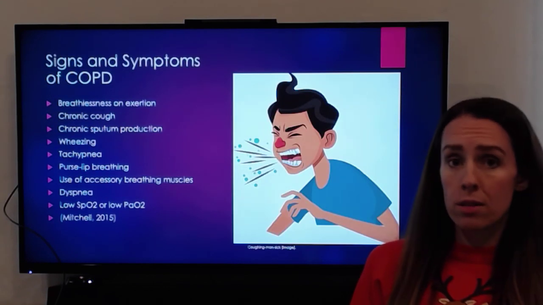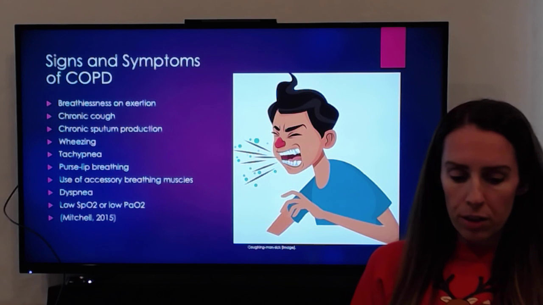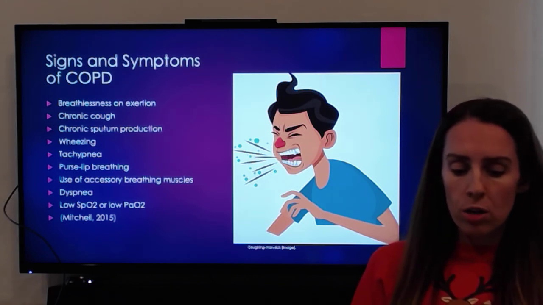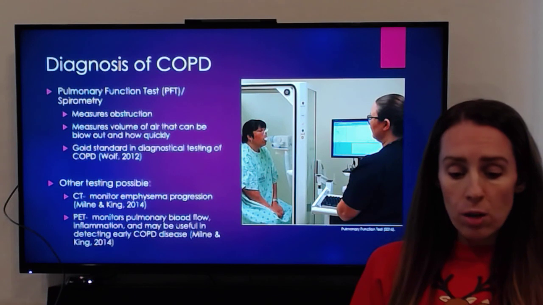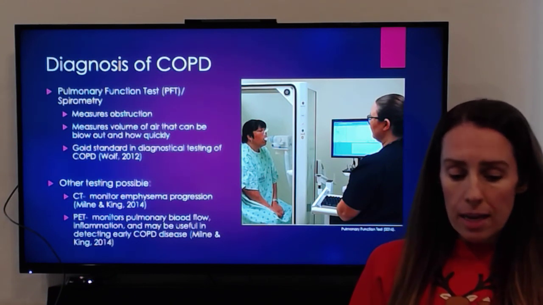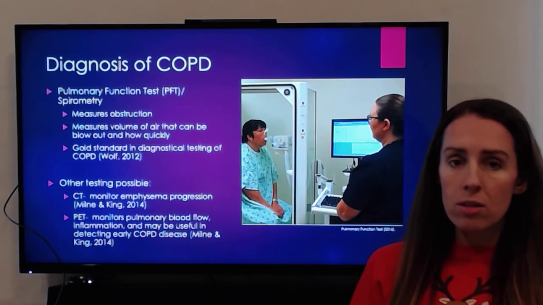There's quite a few signs and symptoms of COPD. You have breathlessness on exertion, chronic cough, chronic sputum production, wheezing, tachypnea, pursed lip breathing, use of accessory breathing muscles, dyspnea, and low SpO2 or low PaO2. For a diagnosis of COPD, the gold standard of testing is a pulmonary function test or spirometry.